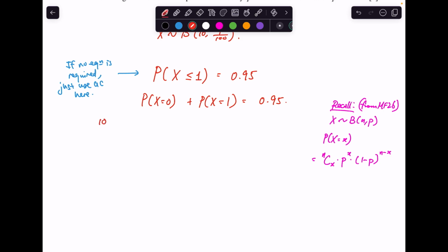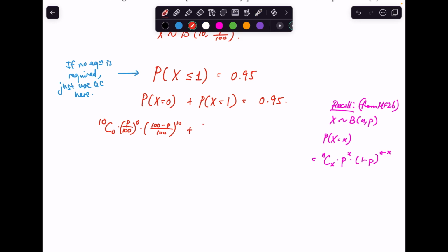This is 10 choose 0 times p over 100 to the power of 0 times 1 minus p over 100. Let's write it as one fraction: 100 minus p over 100, to the power of 10. 100 minus p over 100 is just 1 minus p over 100, which is the probability of failure.